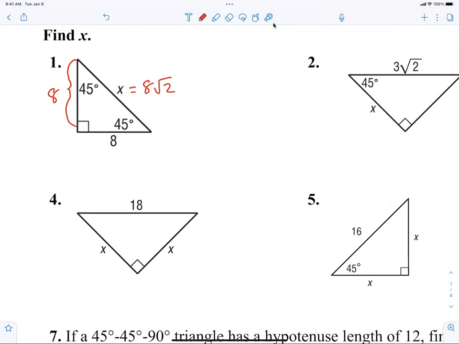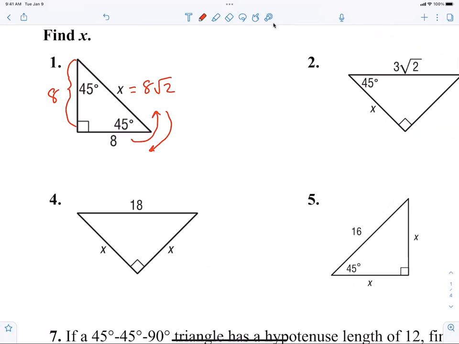Now, how I remembered is this. Listen to me. The leg is smaller than the hypotenuse. Does everybody agree? So if I'm going from the leg to the hypotenuse, I need it to get bigger. So I'm going to do what? Multiply by radical 2. If I'm going from the hypotenuse to the leg, I have to do what? Divide by radical 2 because it's getting smaller.